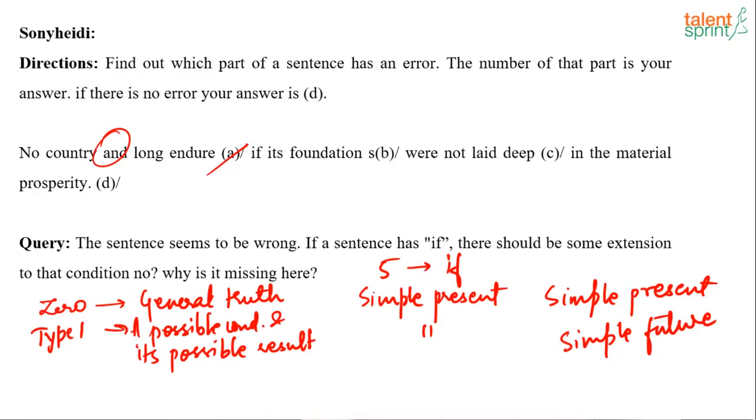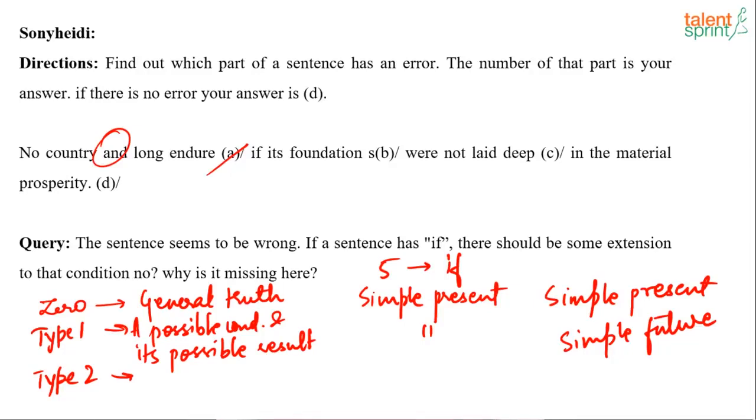Now there is type 2. So we have type 0, which speaks about general truth, and there are 2 clauses in a statement, the if clause and the main clause. The verb tense that we use for the if clause is simple present, and the main clause verb tense is also simple present for general truth.